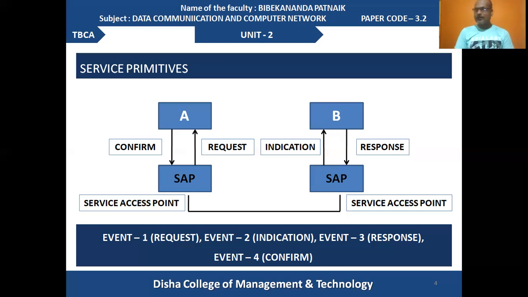So there are two pairs there: one is request with indication, and another is response with confirmation.